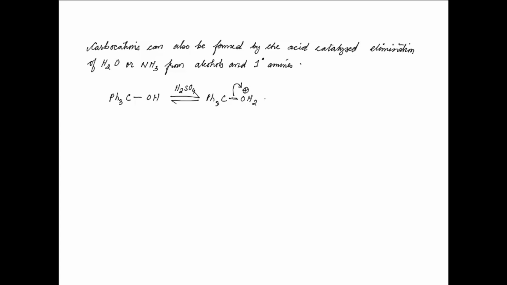So now this can leave like this in the presence of H2SO4 to give you Ph3C positive, that is the triphenyl methyl cation, plus you will have your H3O plus and HSO4 minus. So this is how a carbocation can be generated by the acid catalyzed elimination of water.